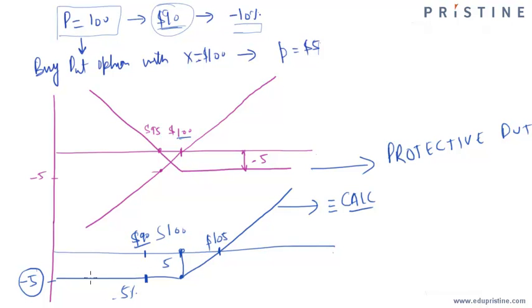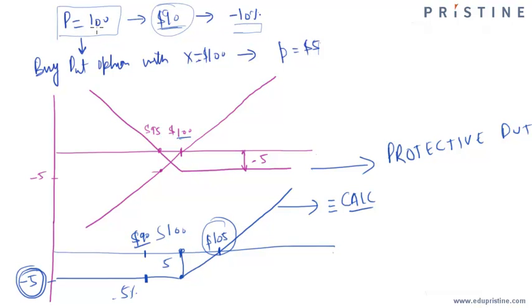So the resultant loss is minus $5 instead of minus $10. Here the loss has decreased from $10 to $5 only. And if the stock price goes beyond 105, the resultant strategy actually starts making a profit.